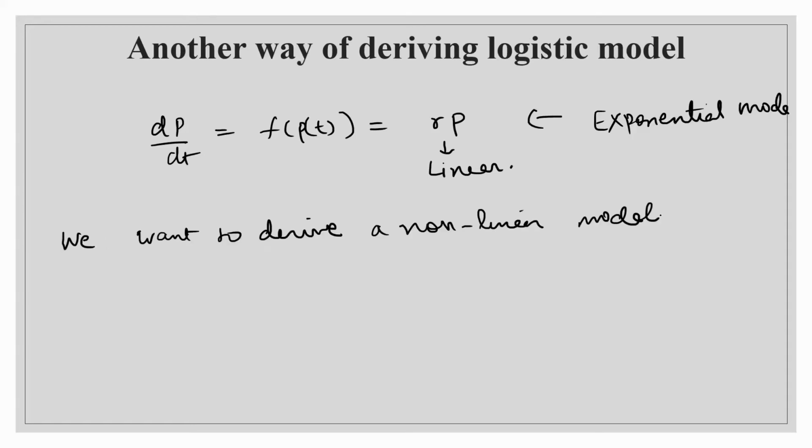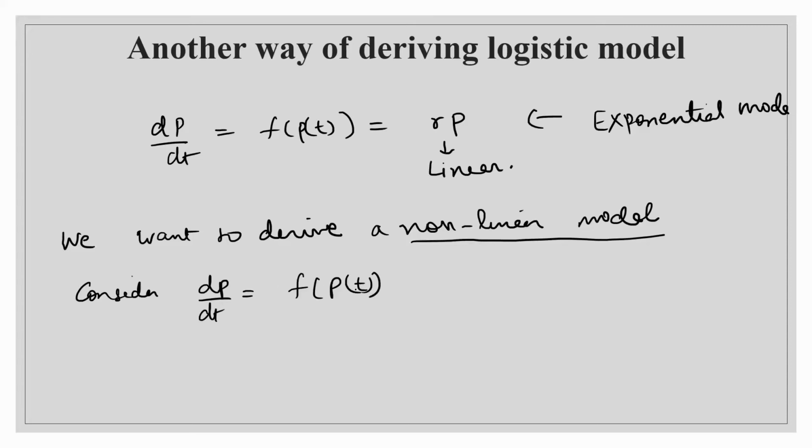Not just any non-linear model, but one that should hold certain conditions, which we will go through step by step. Firstly, if we consider the function as non-linear and use Taylor series expansion to expand this function of P, we will have dP/dt equal to k0 plus k1 P plus k2 P squared and so on.